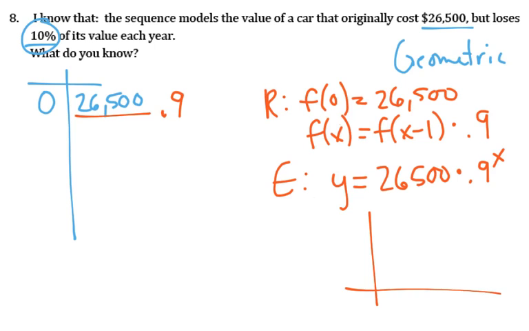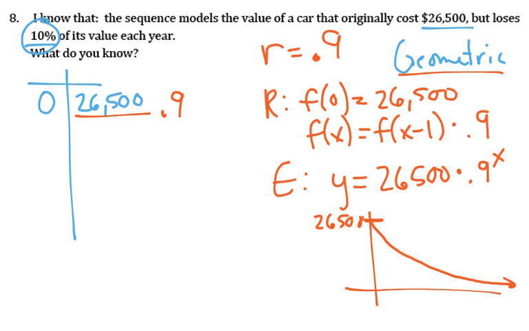Could I make a graph? I could start it. That's 26,500. And then it would slowly dip down and keep going that way. Okay, we know it's geometric. Okay, we know its constant ratio is 0.9 to what we're multiplying by.